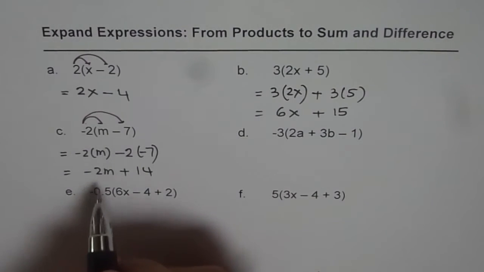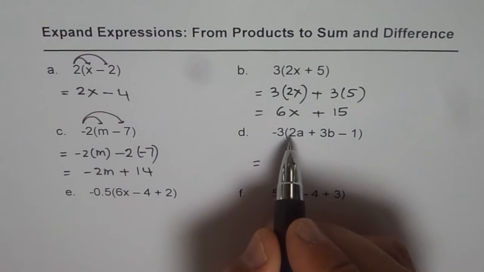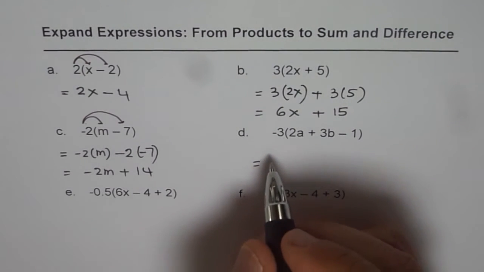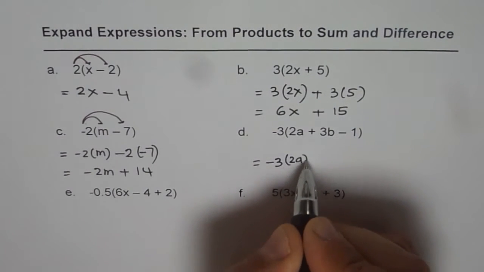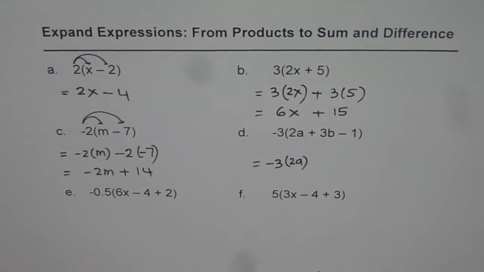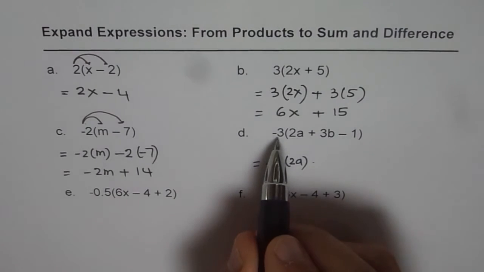Let's do part D, adopting the same method. So it is minus 3 times 2a. You could write this expression as minus 3 times 2a, or you could have put minus 3 in brackets. Now we'll associate the sign out here with the sign of the number being multiplied.